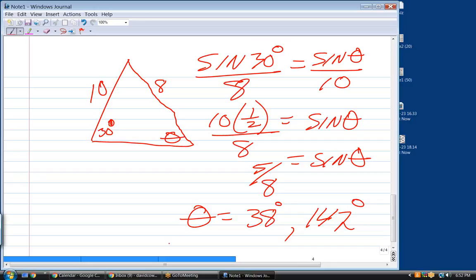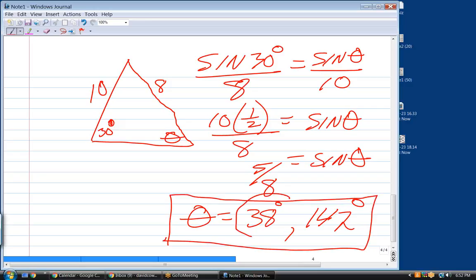Your calculator only gives you the principal answer, which is that one. What you have to know is that the angle that is supplementary is also an answer, which is that one. Now, the question becomes, can I fit this 142 degree angle into this triangle?